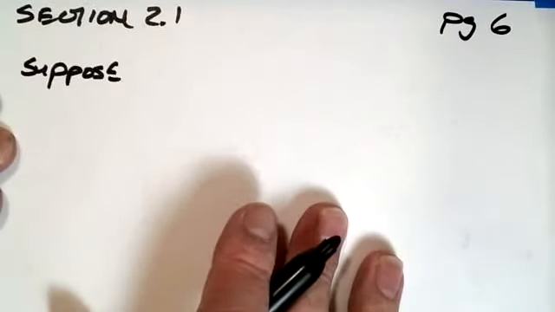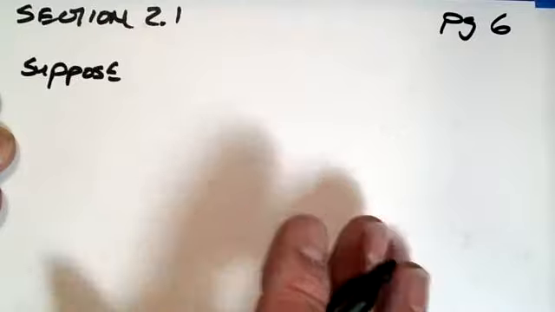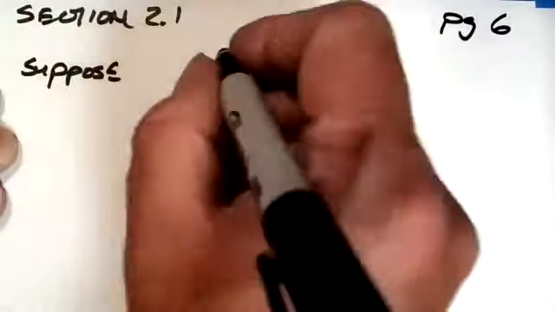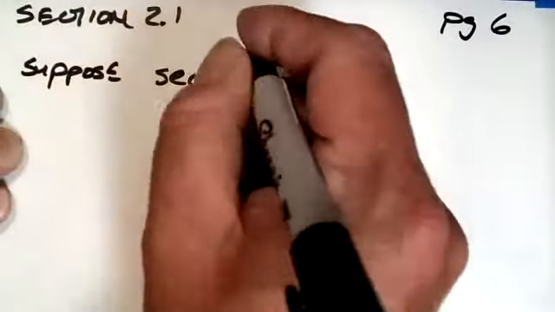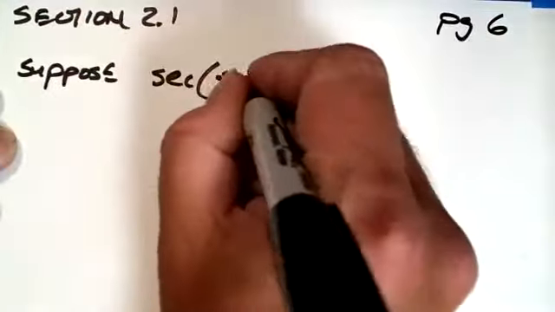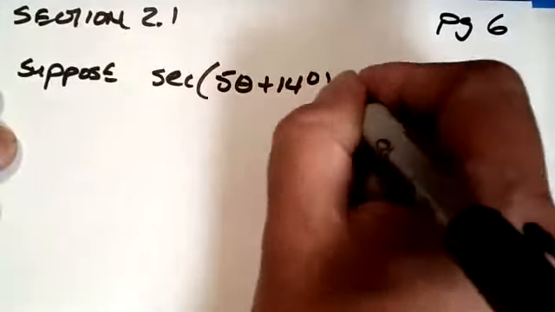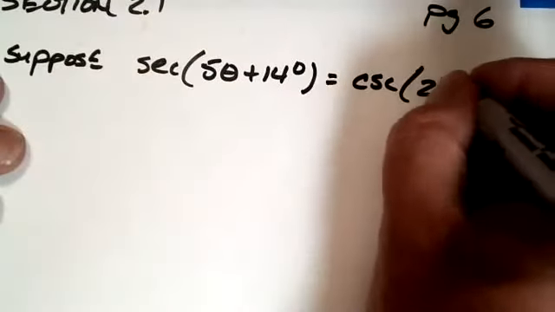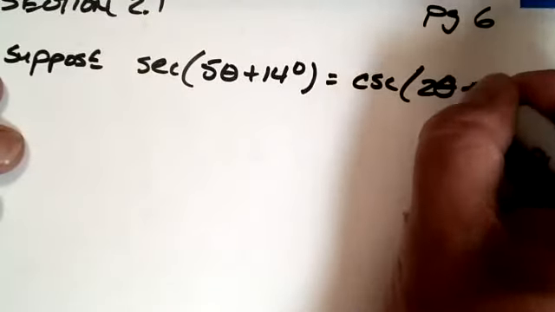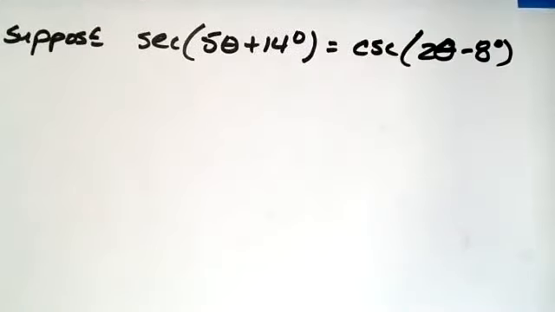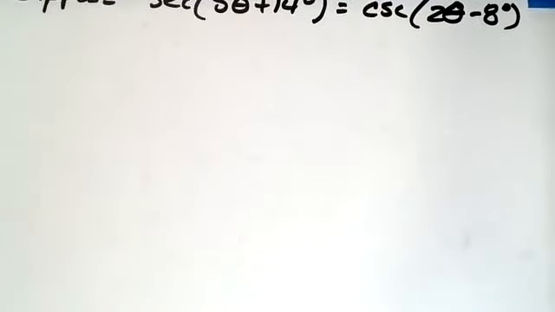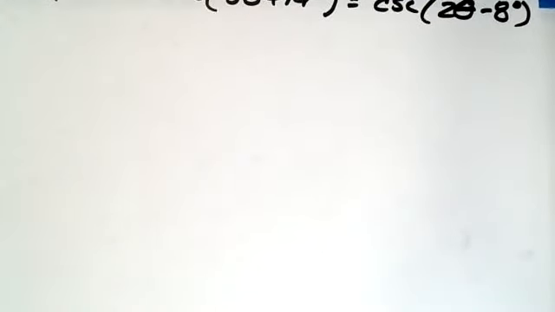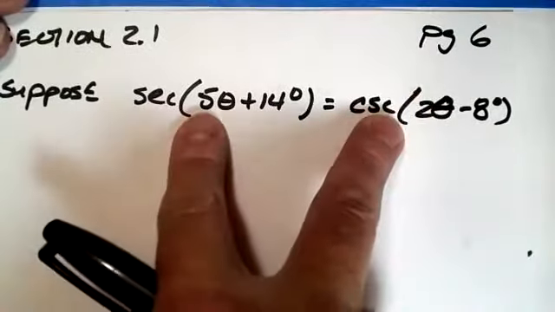that the secant of 5 theta plus 14 degrees is equal to the cosecant of 2 theta minus 8 degrees. Okay, so as before, what we want to make sure of is that we recognize that we're comparing two cofunctions.